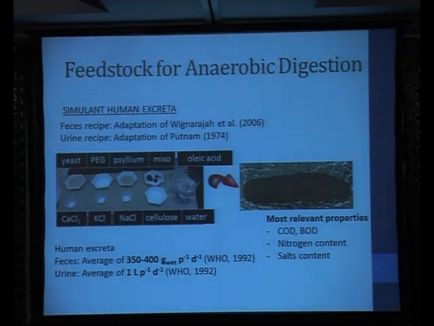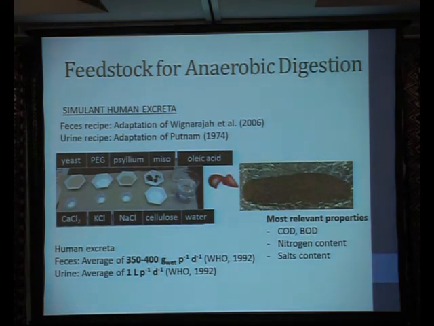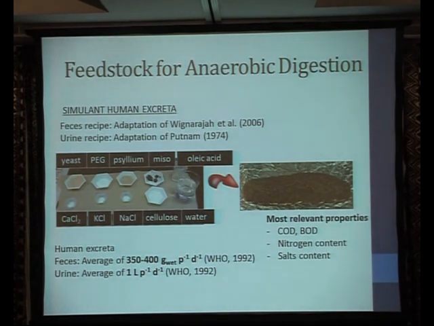The first thing we set out to do was to work in the lab with a simulant fecal sludge. For that, we looked at various recipes that we adapted. In a nutshell, we're mixing yeast and polyethylene glycol, various materials, miso, to form artificial poop.